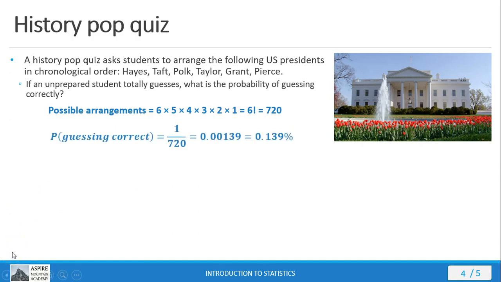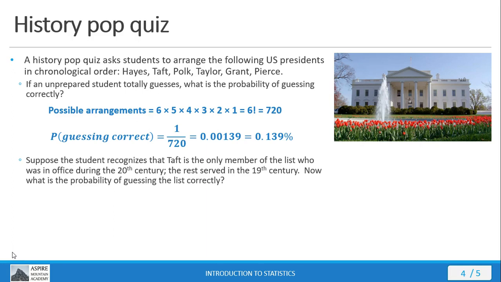So then the probability of guessing correctly is 1, that's the part, there's only one guess that's being made, over the whole, which is 720, that's the total number of possible arrangements. You divide that out and you get a number that's less than 1%, actually about 1/10 of 1%. So your odds of guessing correctly without knowing anything about any of the presidents, not very good.